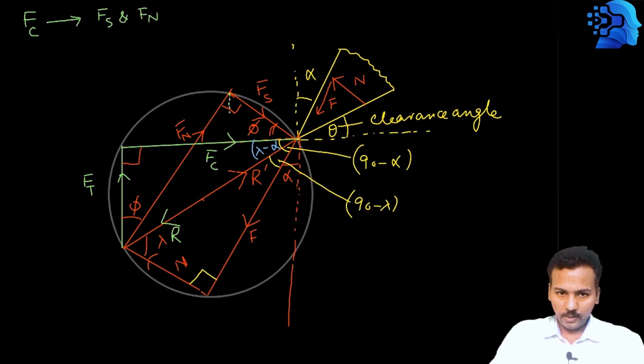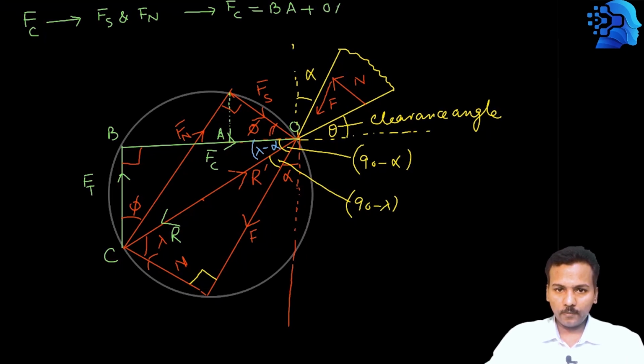Let us draw a perpendicular line from here to here. Suppose this point is A, suppose this is B, this is O, C. Now this Fc in this figure equal to BA plus OA.